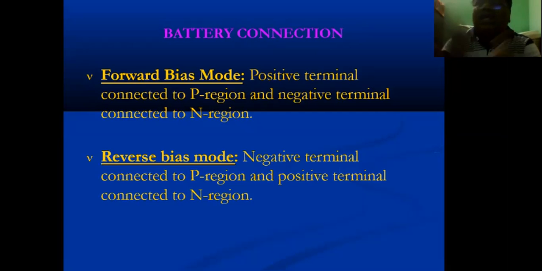That is called reverse bias mode. Every battery consists of two terminals, positive and negative, and these two terminals are connected to different places, P-type and N-type. According to the connection, it becomes forward bias or reverse bias.